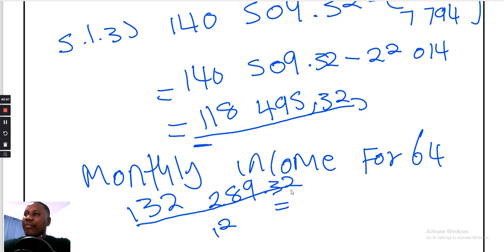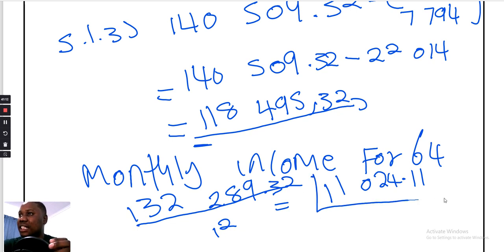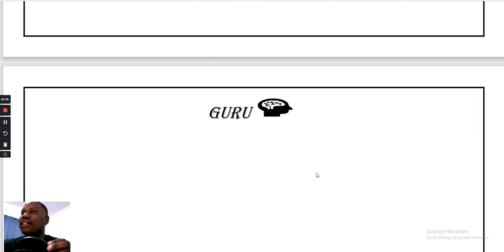So monthly, if she was 64, she was going to pay 11,024.11. Okay, you must note this down. I'll show you. Let's note this. This is the monthly income tax when she is 64. Let's go to the monthly income tax when she is 65.